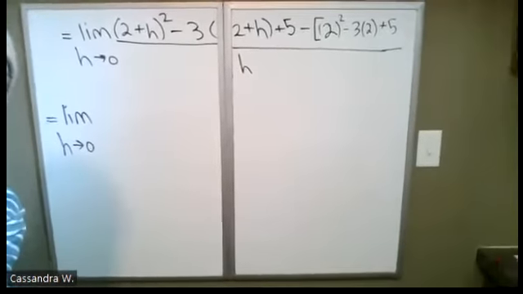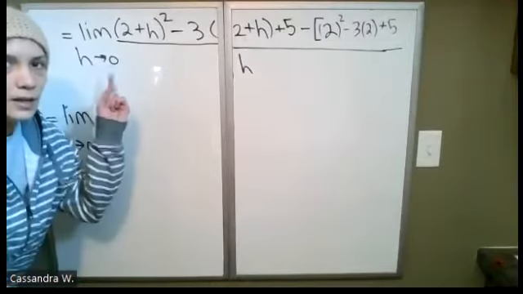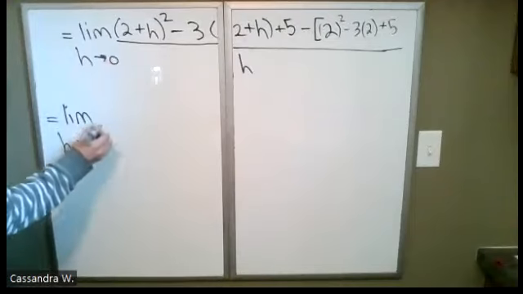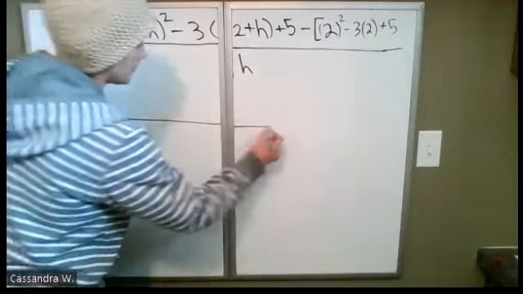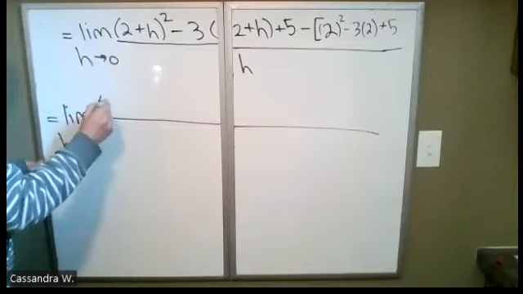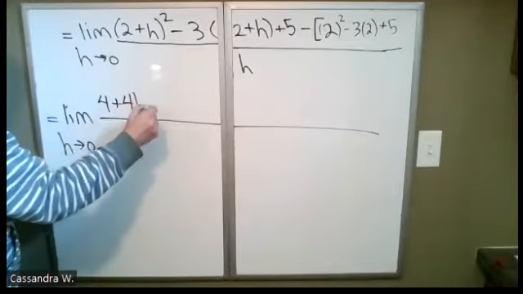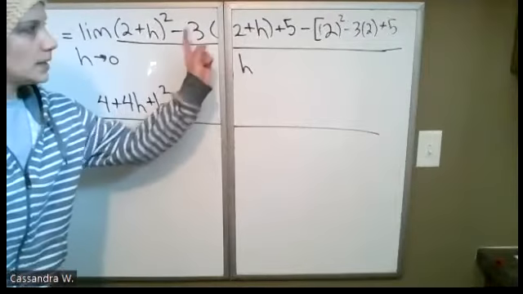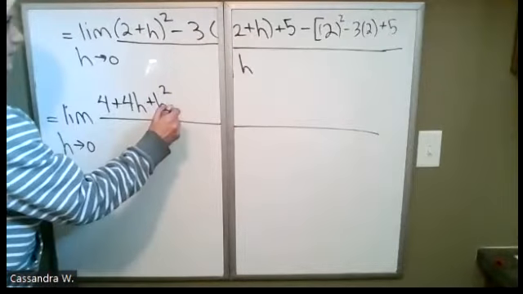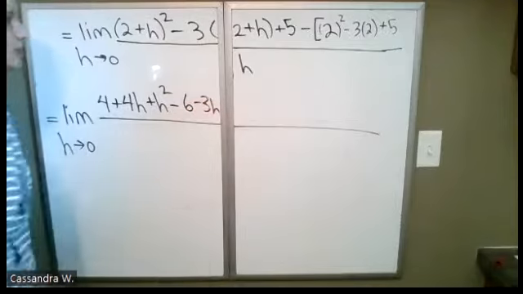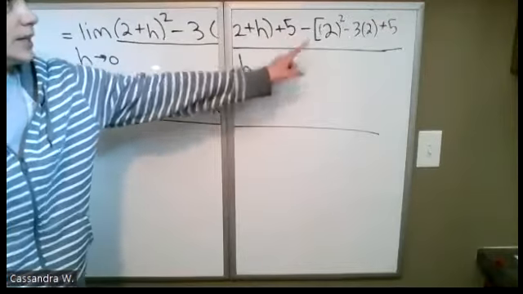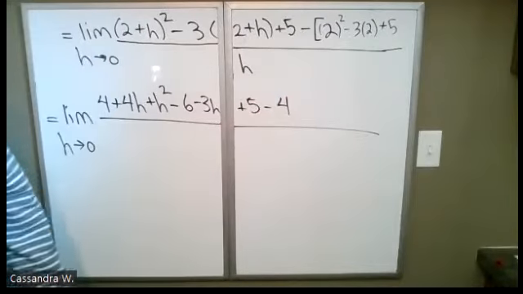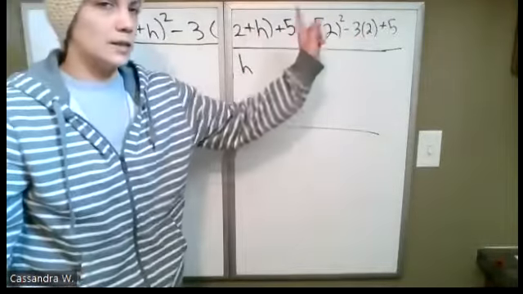So the limit as h goes to 0 of, we've got 4 plus 4h plus h squared. Subtract 6 and this minus 3h. Okay, there's a plus 5 and then minus 4, plus 6 and then subtract 5.